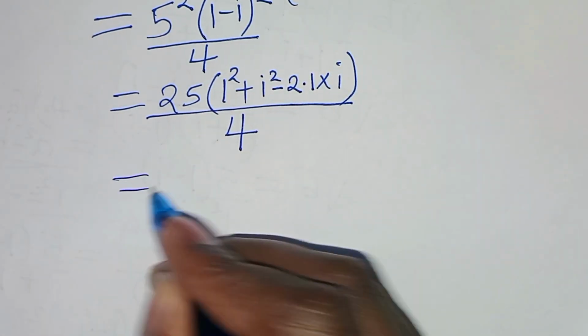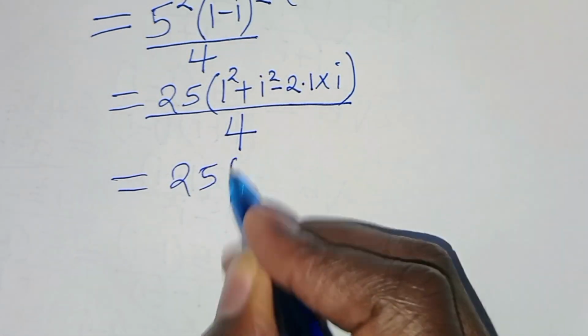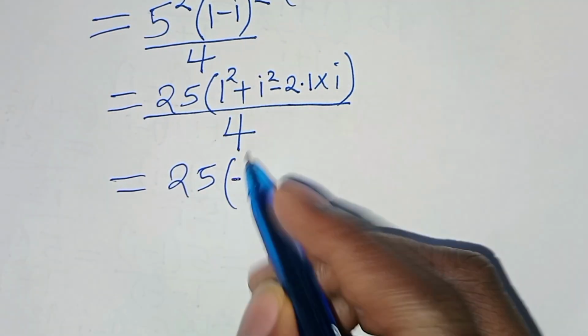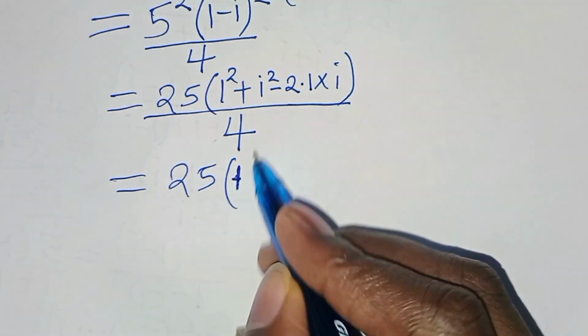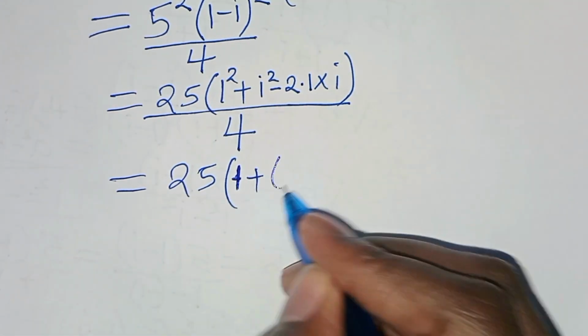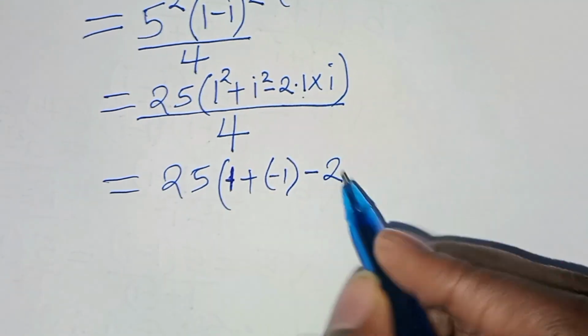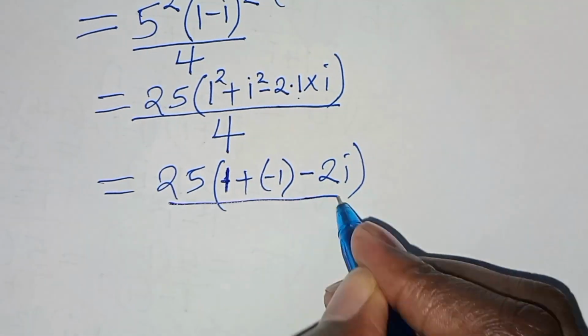So the next step: we have 25 into the parentheses, 1 squared which is 1, plus i squared which is negative 1, subtract 2 times 1 times i which is 2i, all divided by 4.